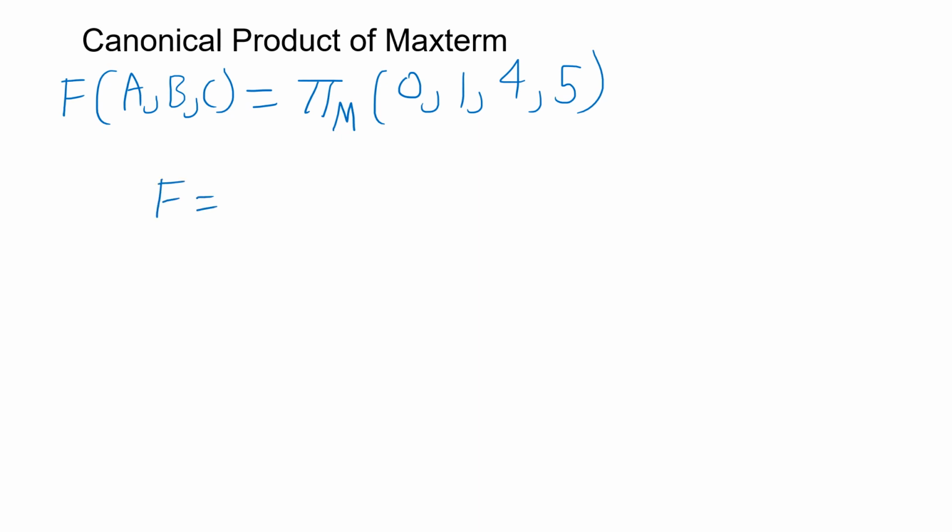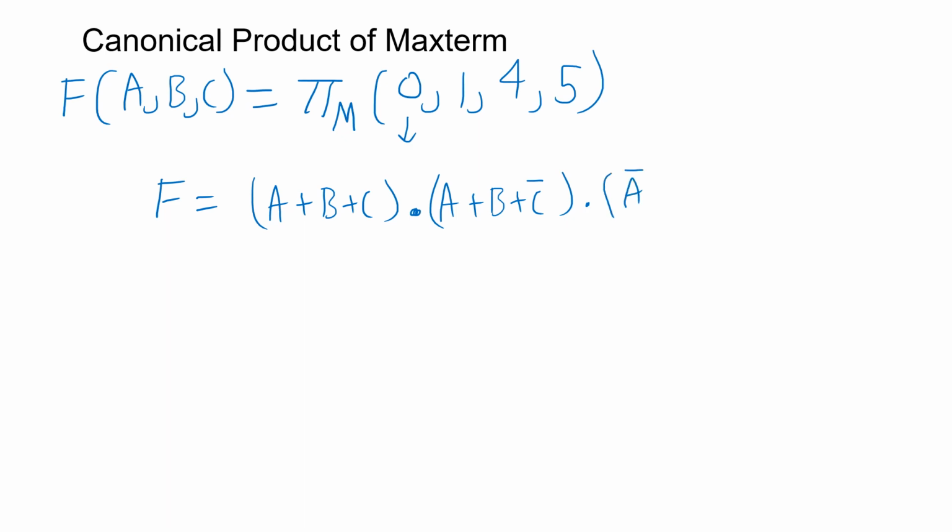So now if you represent in product of maxterm, how it will be represented? So your function will be, so here you have to represent this in the form of maxterm, so you'll get a plus b plus c. Now product, so we'll take dot, then 1, it will be a plus b plus c bar. Ready? Now what about 4?